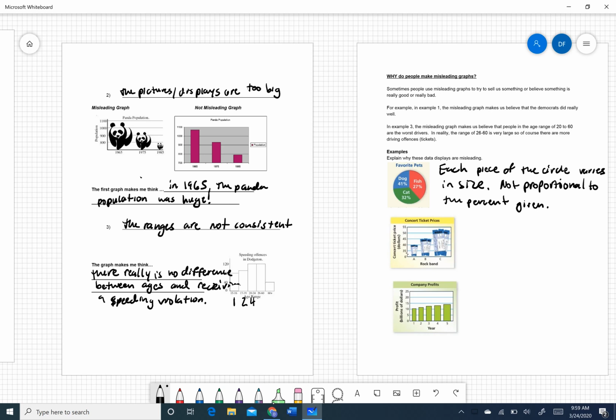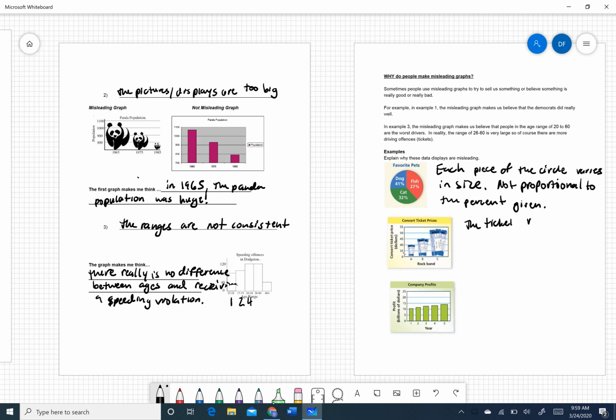So we can say that the tickets vary in width. We'll leave it at that.